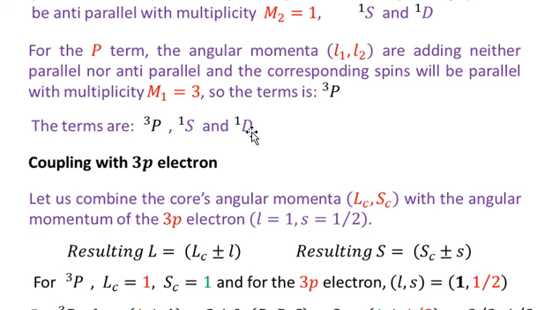So first I shall arrange all the terms corresponding to 3P, then all the terms corresponding to the 1D term, then all the terms corresponding to the 1S terms. So these will be arranged energy wise according to this pattern: first 3P terms, then 1D terms, then 1S terms.